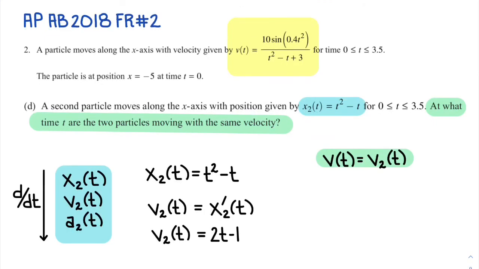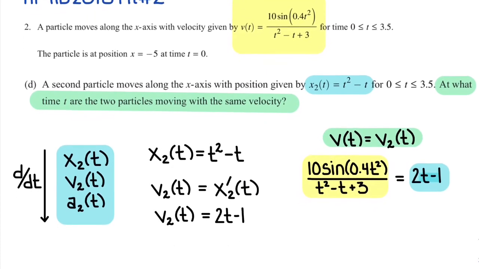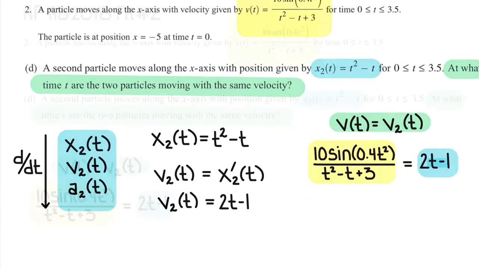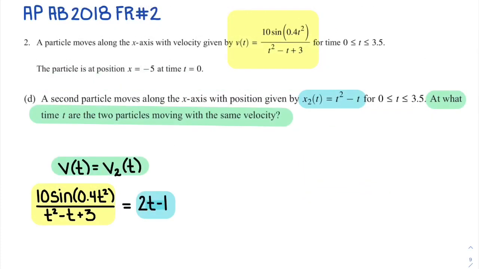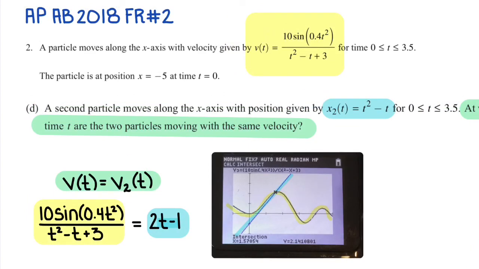Now we can set the velocity of particle 1 equal to the velocity of particle 2. Using our graphing calculator in radian mode, graph the left side and right side. The solution to this equation is located at the intersection of the two curves.